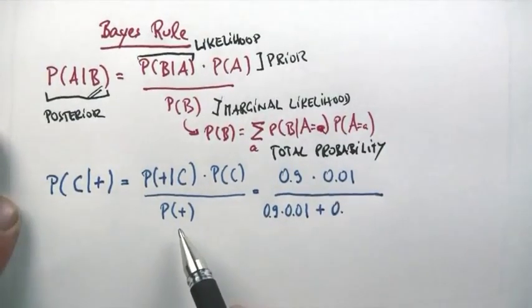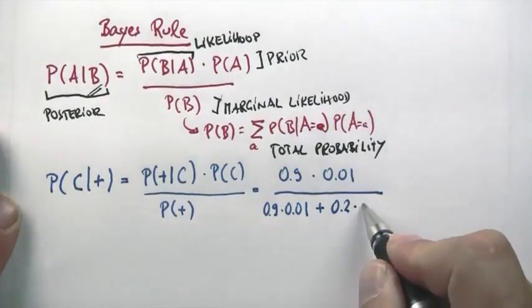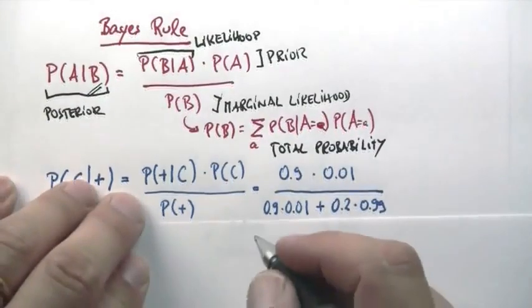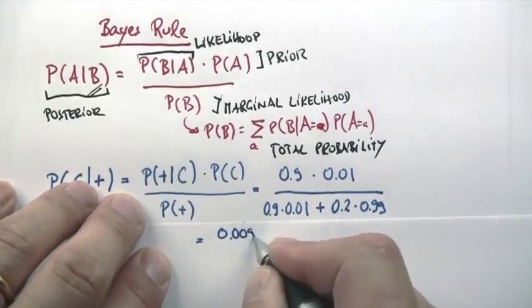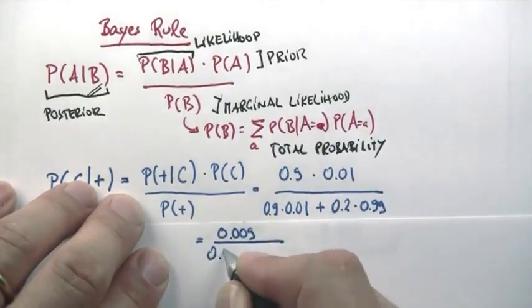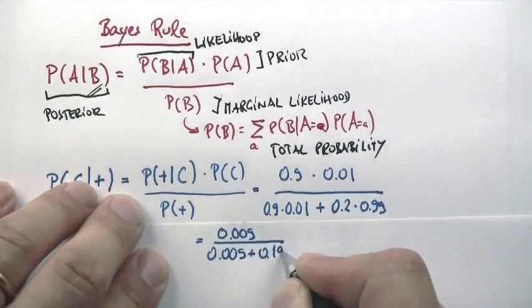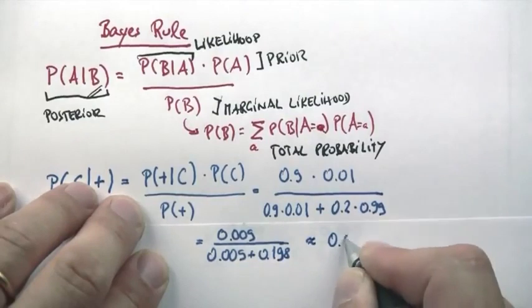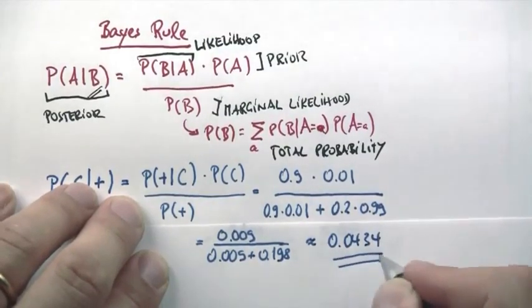So the probability of plus given that we don't have cancer is 0.2, but the prior here is 0.99. So if we plug in the numbers we know about, we get 0.009 over 0.009 plus 0.198. That is approximately 0.0434, which is the number we saw before.